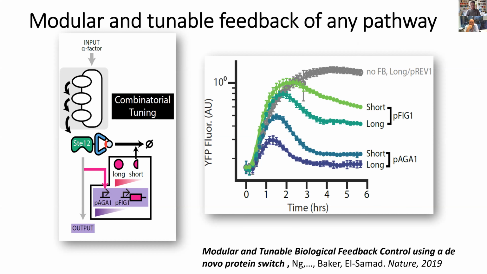We can change the design, and we can modulate the impact, qualitatively and quantitatively, of the feedback that we induce on this pathway. And this is another advantage of designer molecules, that you can modulate these properties in a semi-rational way.